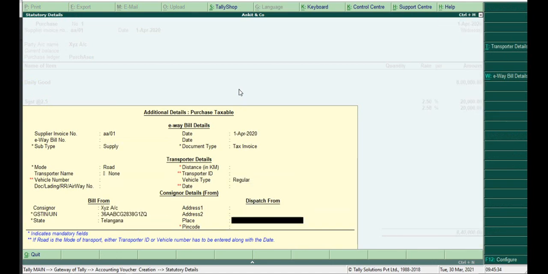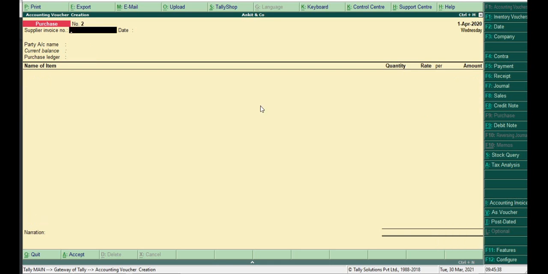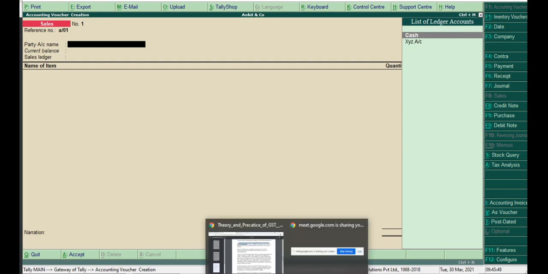Now we have to sell the same transaction, so I am going with the sales voucher.